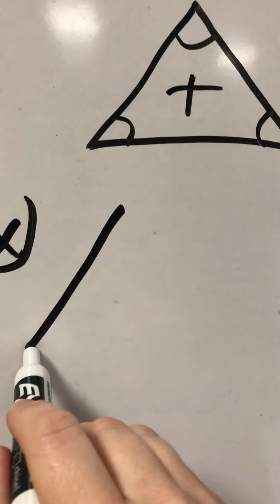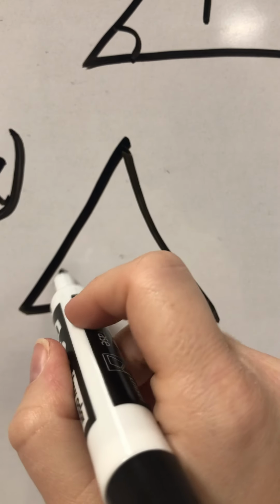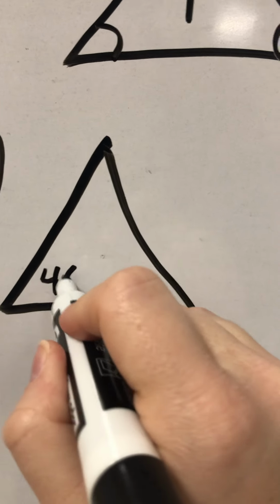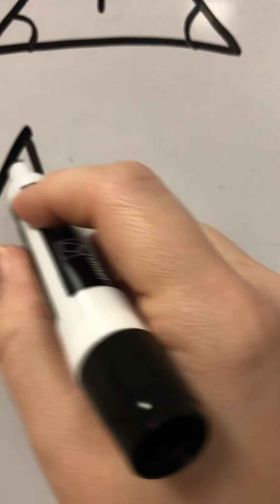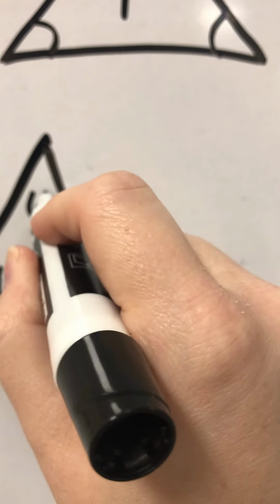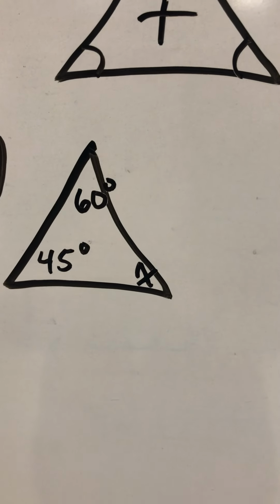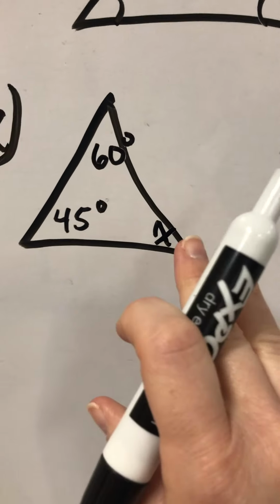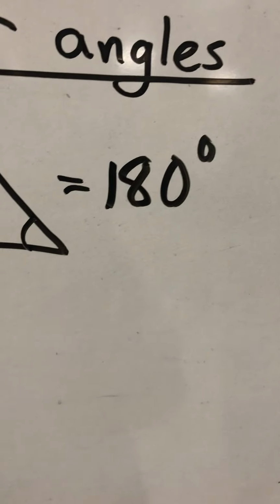They could give you a triangle and maybe they say this is 45 degrees, and maybe they say this is 60 degrees. And they might say, okay, so what's this missing angle X? What you would have to do is set all of these equal to 180.